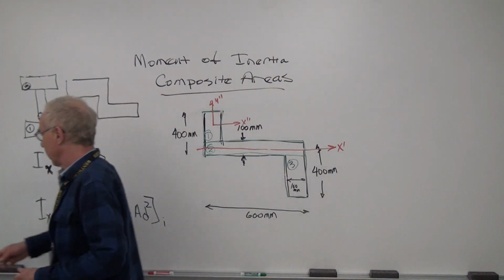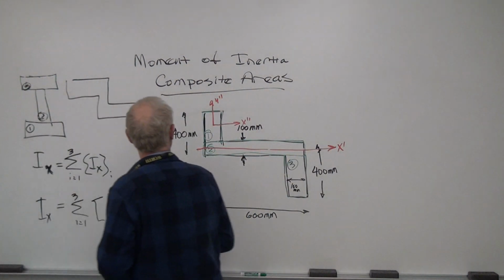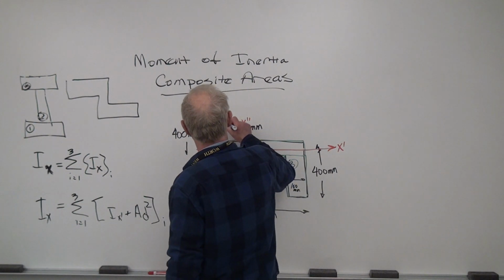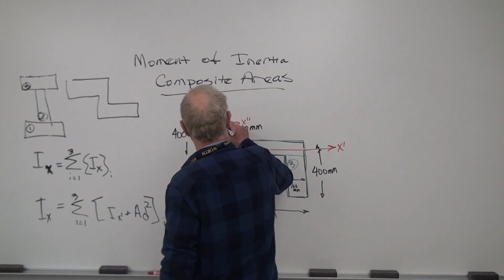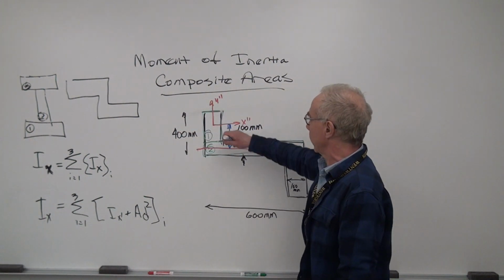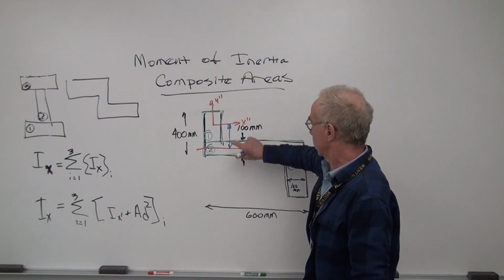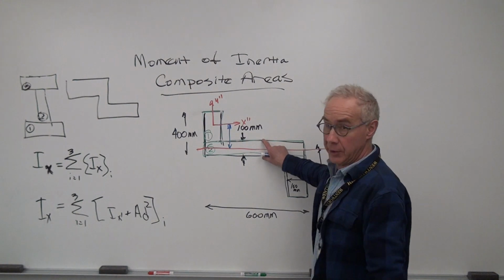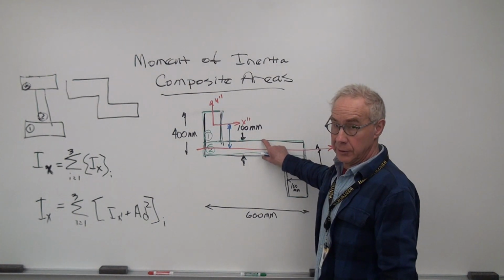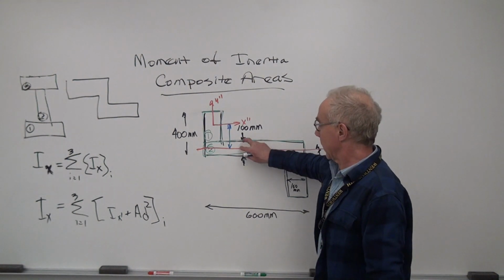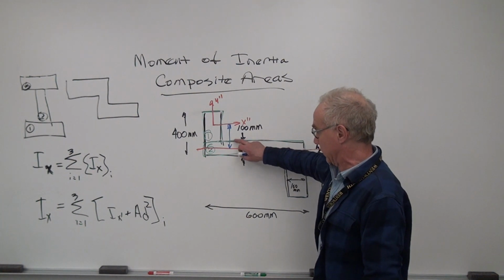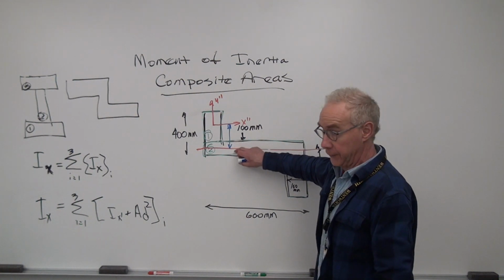I'll do it in one more color. All right, so how do we find that? We know this is 300 high, so it's 150 here. And this part here is 100 high, so we're only going to go halfway down, so that's another 50.